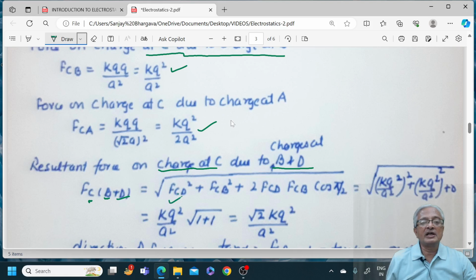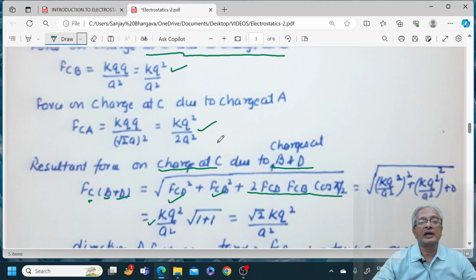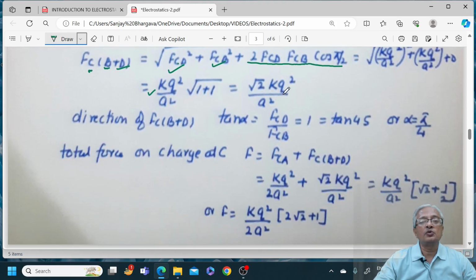It would be the square root of FCD square plus FCB square plus twice FCB FCD cos pi by 2. And what is the value of cos pi by 2? 0. So I can write it as KQ square upon A square under root of 1 plus 1. So the net force has a magnitude root 2 KQ square upon A square.